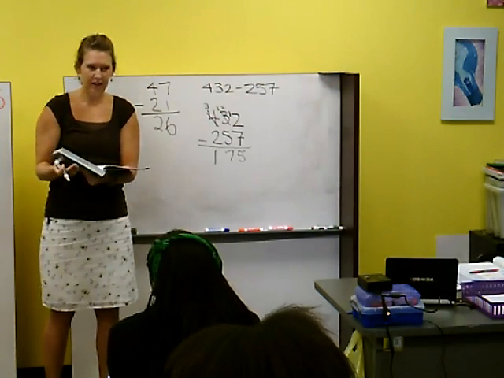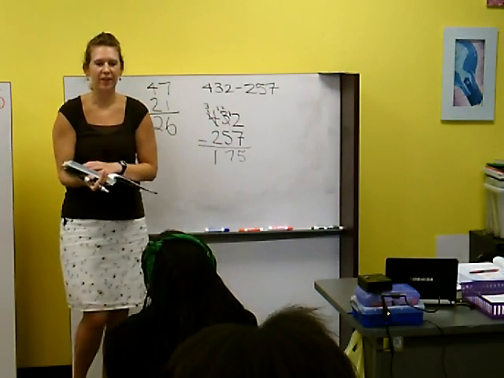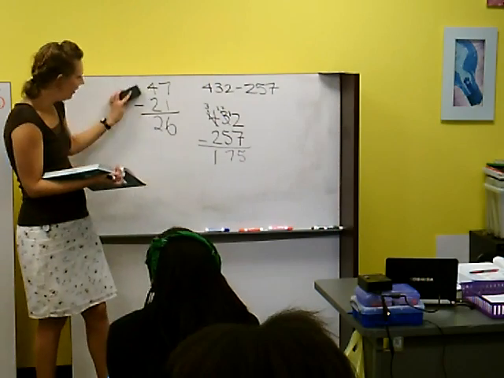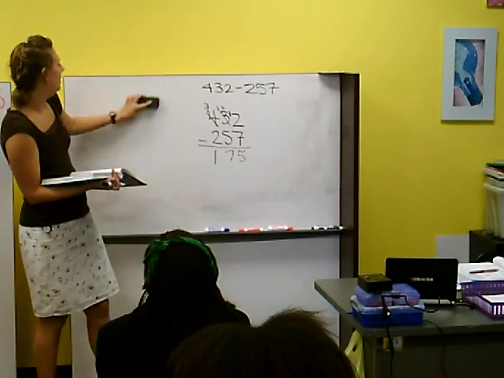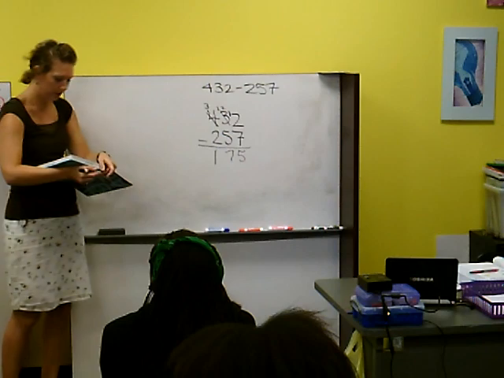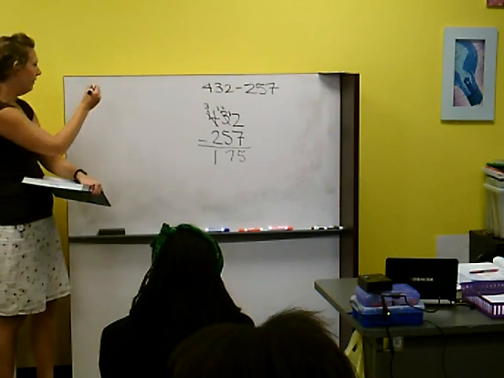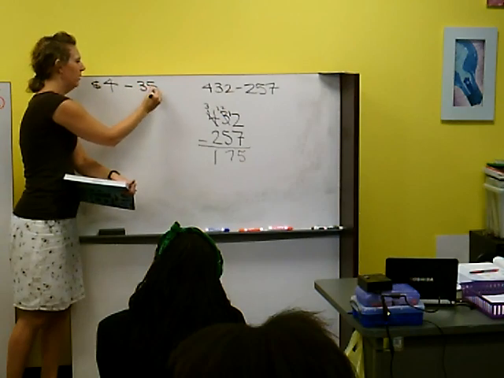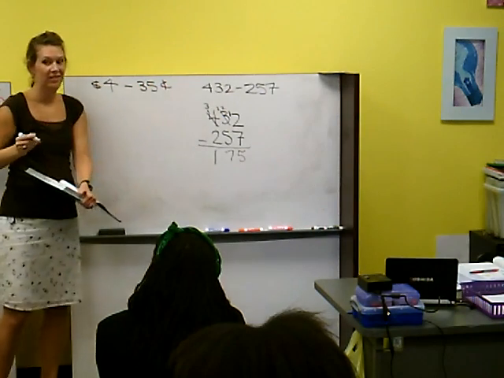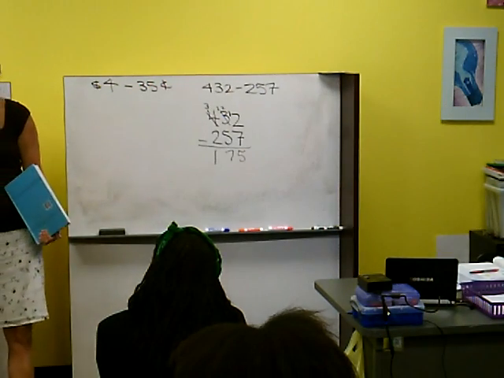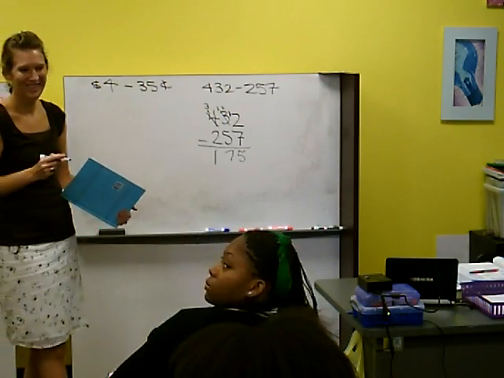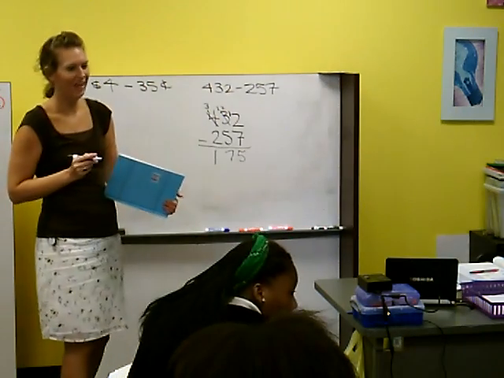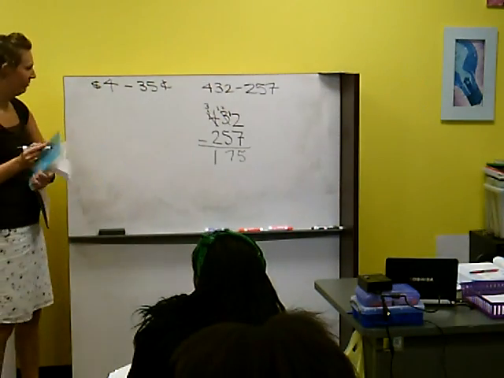175. Beautiful. Okay? Subtract $4 minus 35 cents. That was a little bit different, right? We got dollars and cents. So what am I going to do with $4 minus 35 cents? Give me some hands, ladies and gentlemen. All right, Janika, go for it.